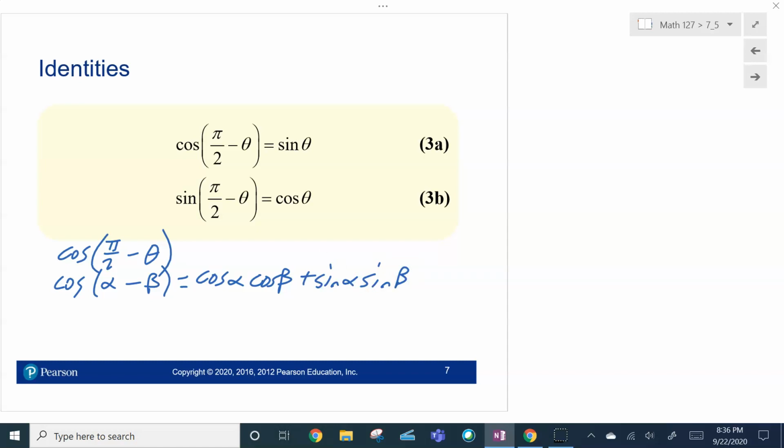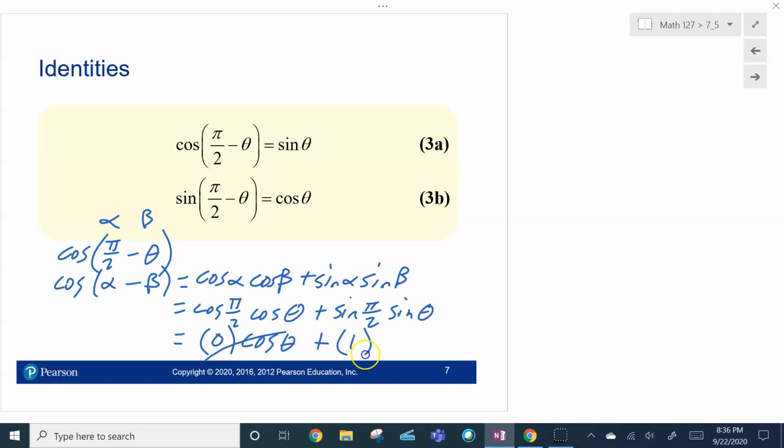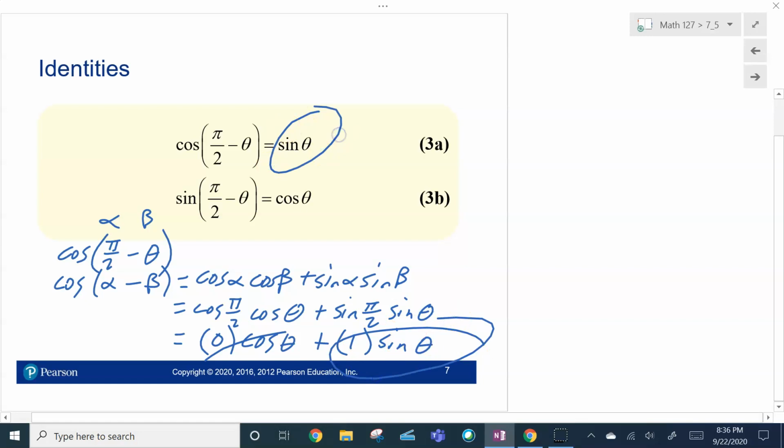So this is saying, here's your alpha, here's your beta. Cosine pi halves cosine theta plus sine pi halves sine theta. Well, we know cosine of pi halves is 0, so that's gone. And then we know sine pi halves is just 1. So we just end up with sine of theta. So you can use the sum and difference formulas to prove those cofunction identities.